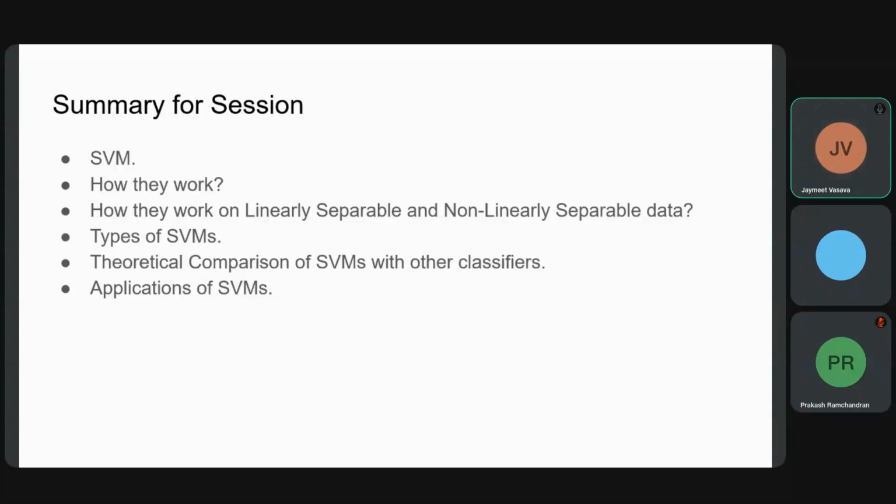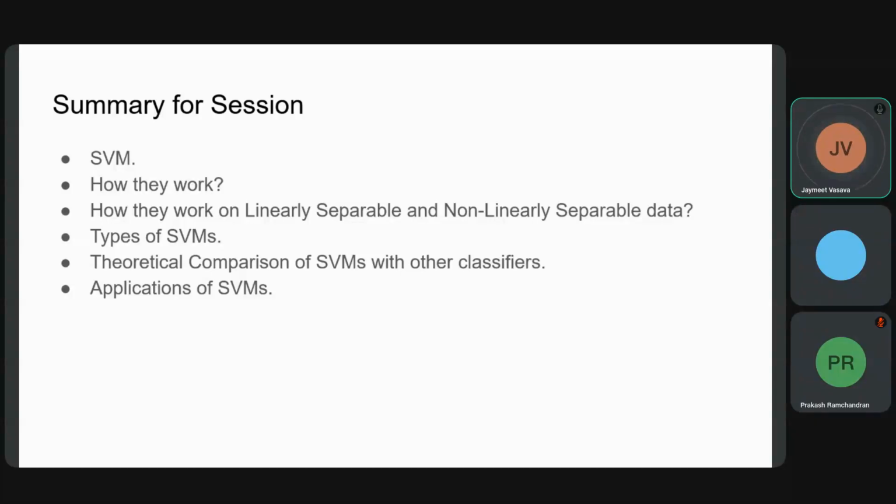Now, the next thing we discussed was how they work with linearly separable data and non-linearly separable data. For non-linearly separable data, it works by transforming the data and mapping it into higher dimensional space with the help of kernel tricks, and there are different kernels available.